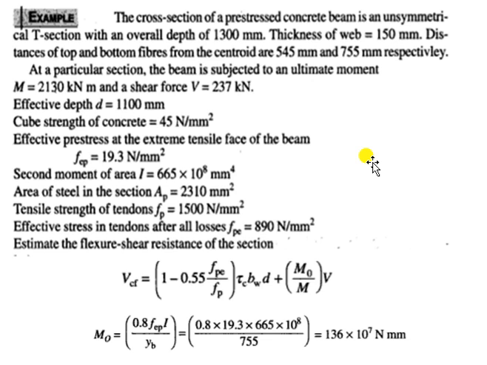The distance of the centroidal axis with respect to the top and bottom fibers is given, moment is given, shear force at the section is given, effective depth is given, that is 1100 millimeter, then cube strength of concrete is given, pre-stress at the extreme tensile face of the beam is given, I is given, area of steel is given, tensile strength of tendon is given, and effective stress in the tendon after all losses is given.